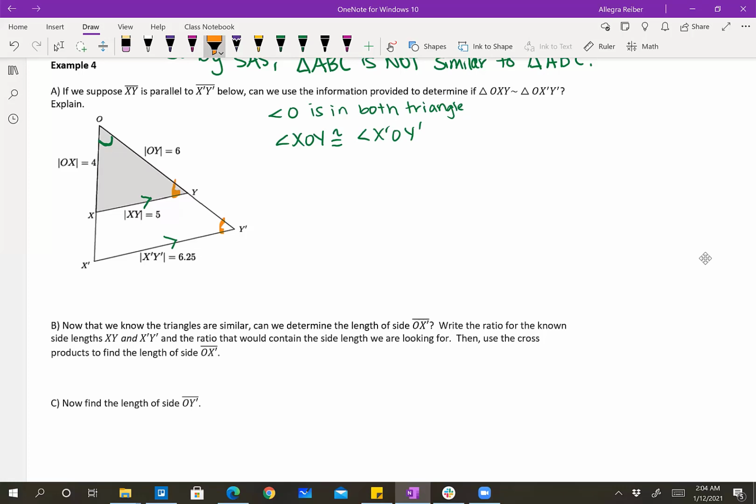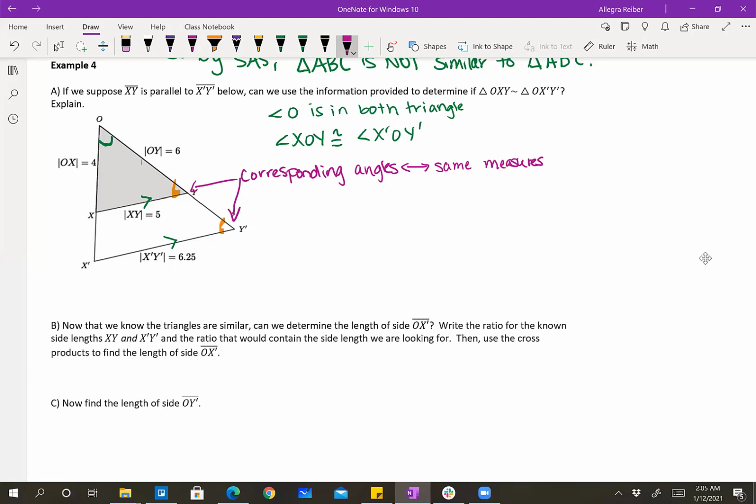The ray OY' forms a transversal between my two parallel lines, and Y and Y' are corresponding angles. These are corresponding angles, so they have the same measure. Now that's enough. I've now got two angles of my triangle because angle O is in both. So at this point, I have angle-angle similarity.